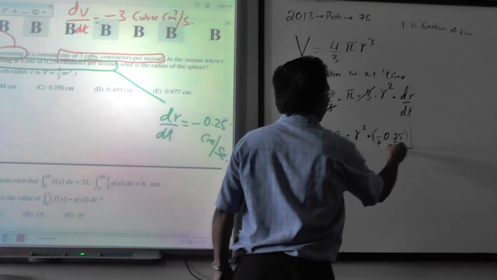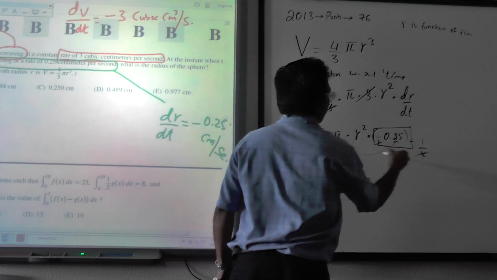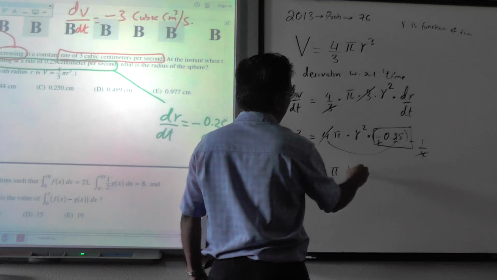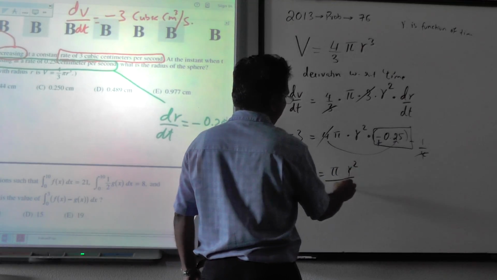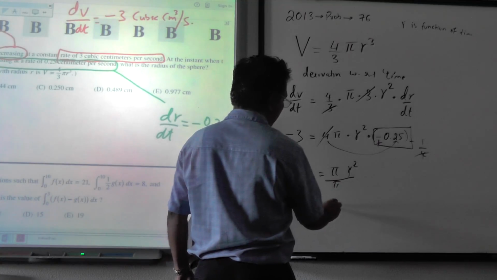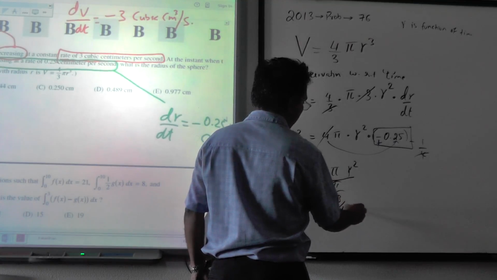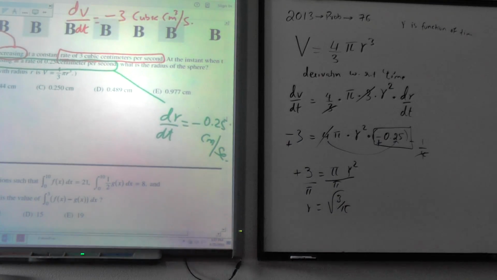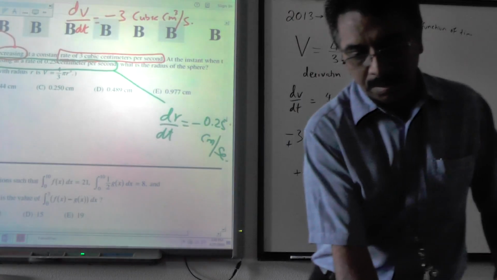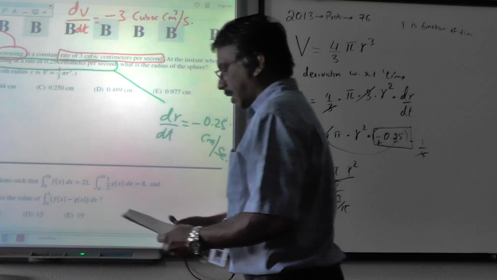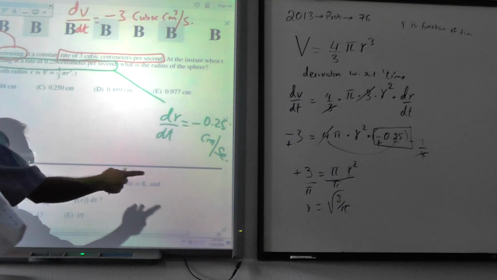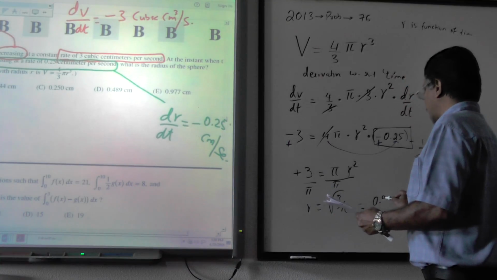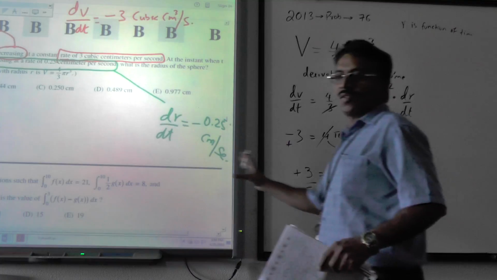So 4 crosses out, you get 3 equals pi r squared, divided by pi, and you get r is the square root of 3 over pi. Then use the calculator, and with the help of the calculator you end up getting 0.977.